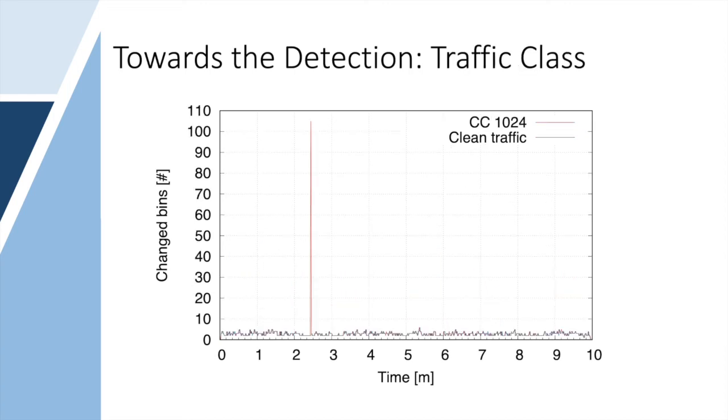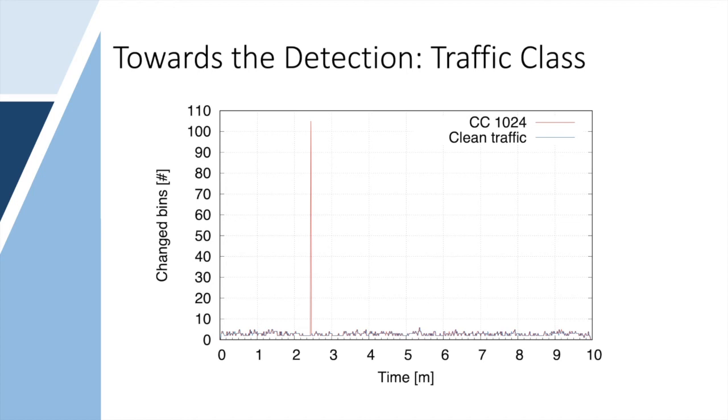Instead, for the case of traffic class, the number of changing bins is limited to 4 or 5 on average. This means that an attack that targets this field can produce visible alterations unless the attacker chooses to limit the data rate.